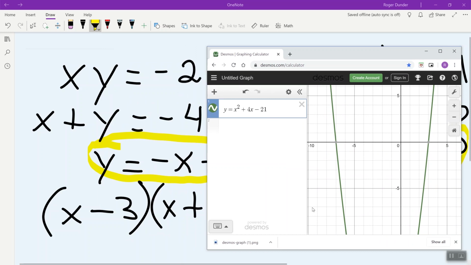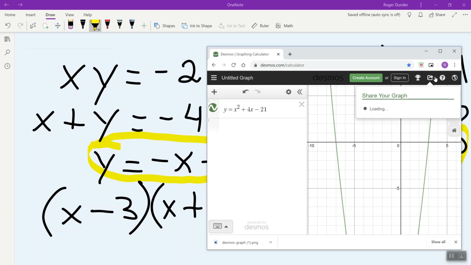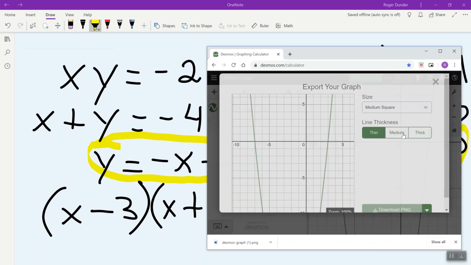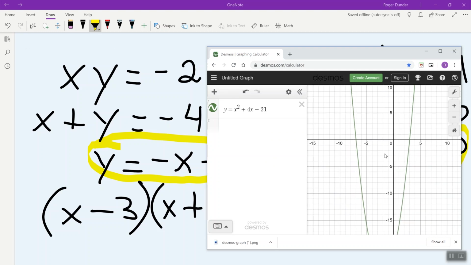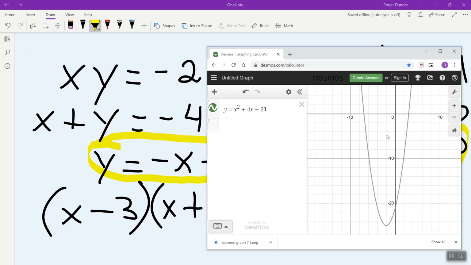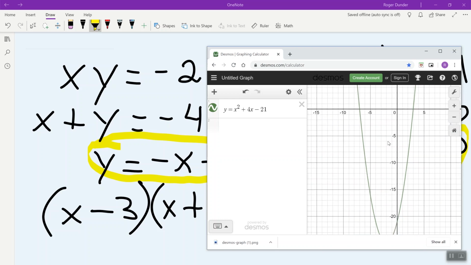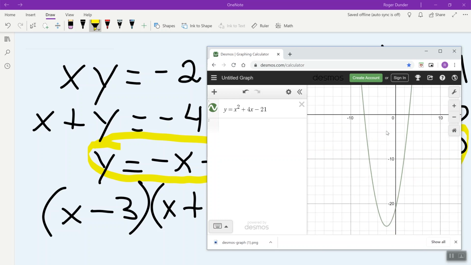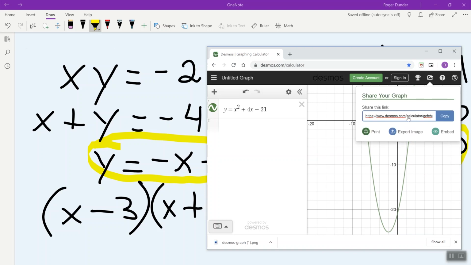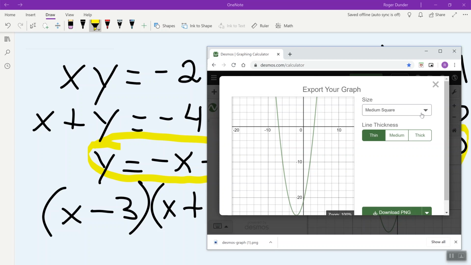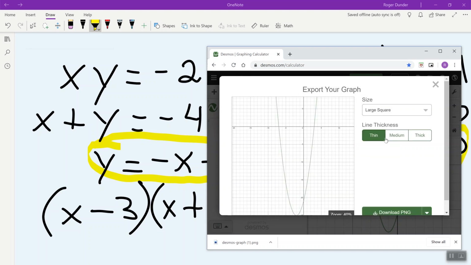So how will we go about answering this? Well, first off, we download our graph. We download our graph like this. Click up here. We say export image. So we export our image, and we want it to be a large one.